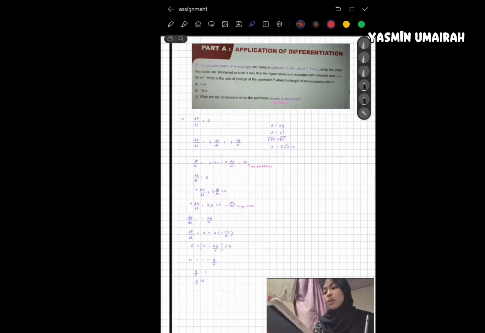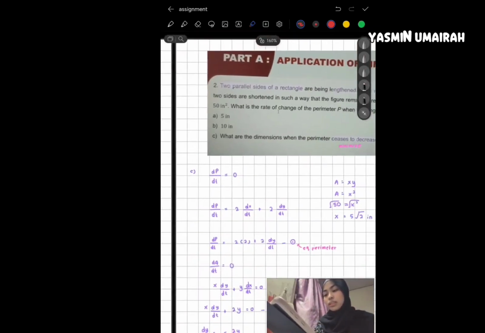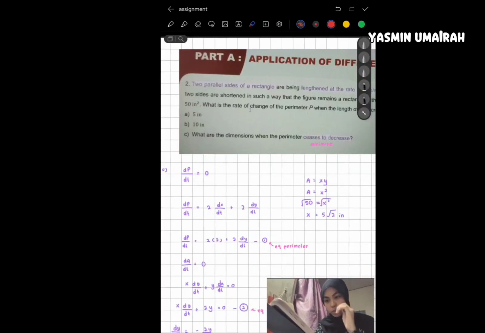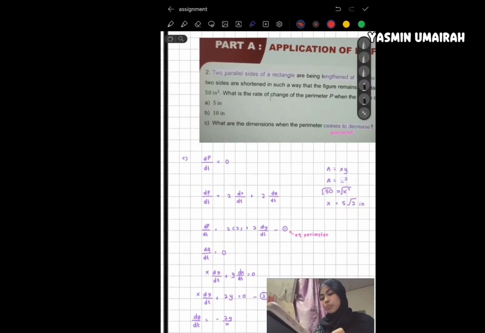Last question. It asks what are the dimensions when the perimeter ceases to decrease. It means it minimizes as a limit. So this means that the rate of change of perimeter is 0, because it ceases to decrease.